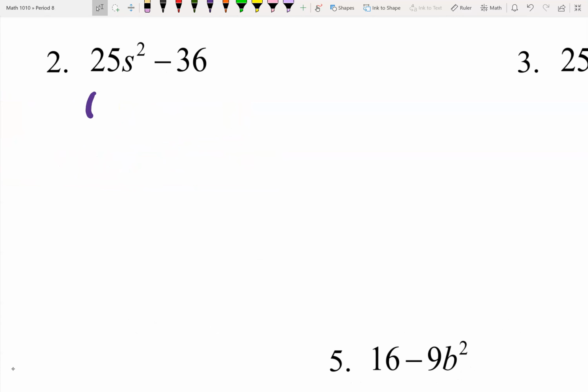Let's do the parenthesis thing just for a couple of these, and then we're not going to do it anymore. I just want you to visualize it. What to the second gives you 25? A 5. What goes with that 5, everybody? An s, because we've got to get that s squared. And what to the second gives you 36? A 6. So your a is 5s, and your b is 6.